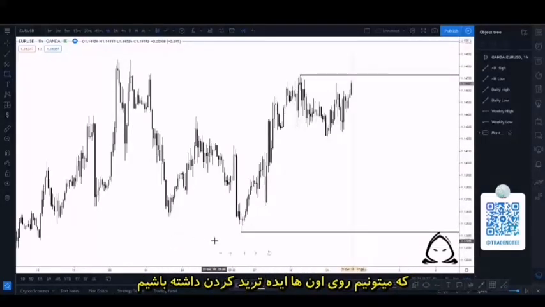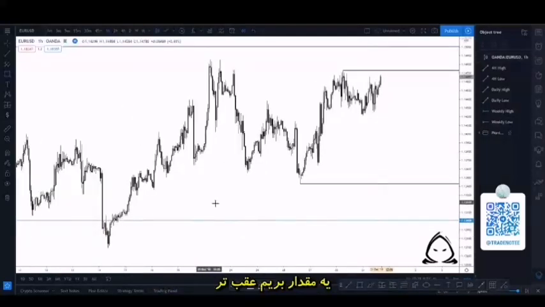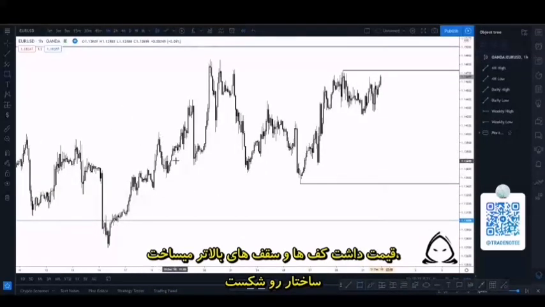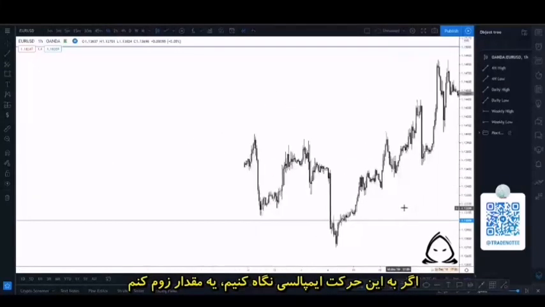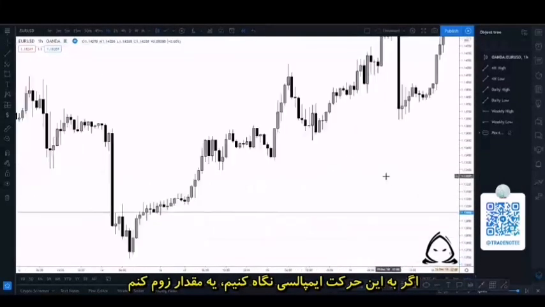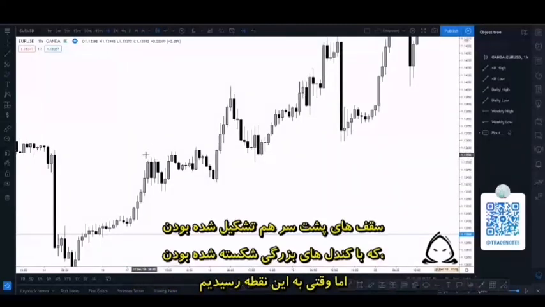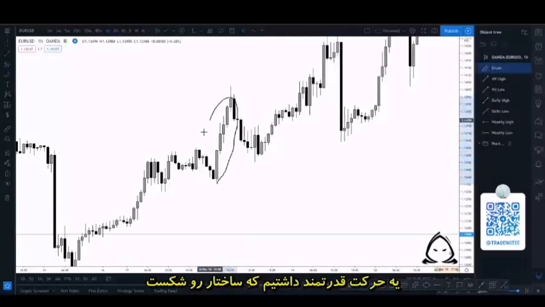If we scroll back a little bit, we can see price was making higher highs and higher lows, breaking structure. If we look at this impulsive move, and I'll zoom in so we can take a cleaner look at it, we can see that we created a series of highs that were broken with fairly large bullish candles overall, but it was when we reached this point that we actually got a true surge in momentum that ultimately broke structure.